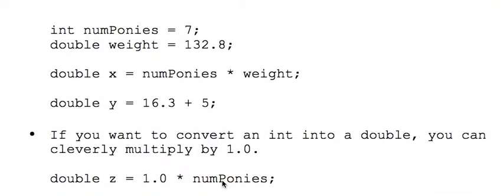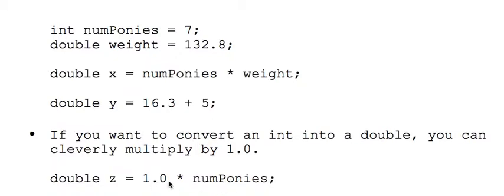Okay? Using that rule, if you want to convert between an int and a double, this is something you're going to want to do every so often. You have an int and you want it to be a double for some reason. You can just exploit that rule and cleverly multiply by 1.0. So here, if I say double z, I want some double, but I want it to be the value of numPonies.